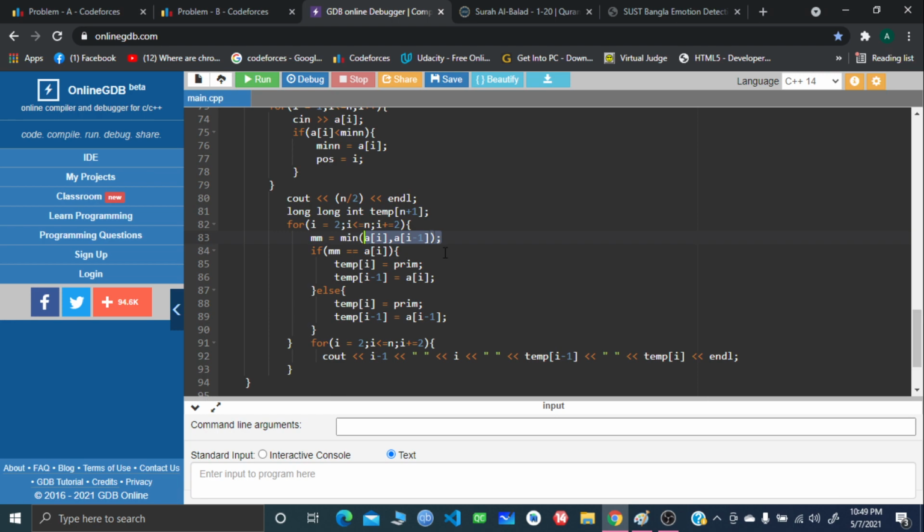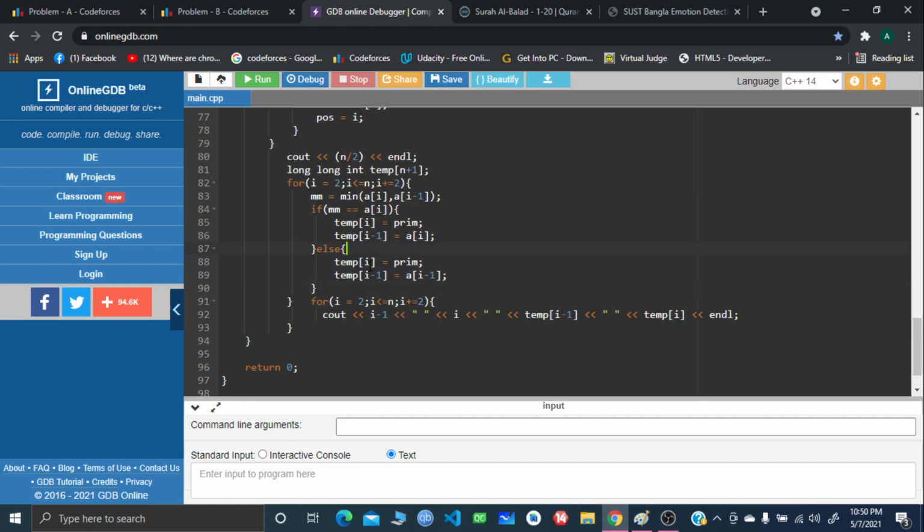Remember, this a[i] is our previous array. If the minimum is inside the index where I'm going to be inserting the prime number, then I'm going to insert the minimum number in the previous index of our new array, and inside the current index I'm going to be inserting the prime number itself.